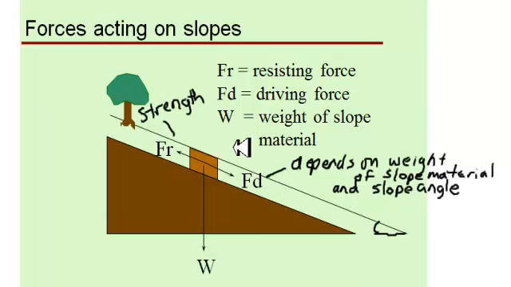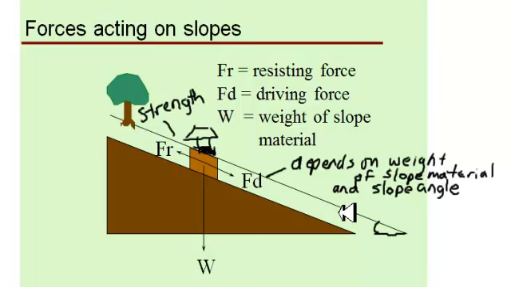For example, if as a result of construction activities, we build a house on here, this is kind of the size of a dog house more than a human house, but the idea is that if we add more material to the slope, and that adds weight to the slope, part of that weight is going to act in the downslope direction, and that would increase the driving force if we increase the weight of the material on the slope.